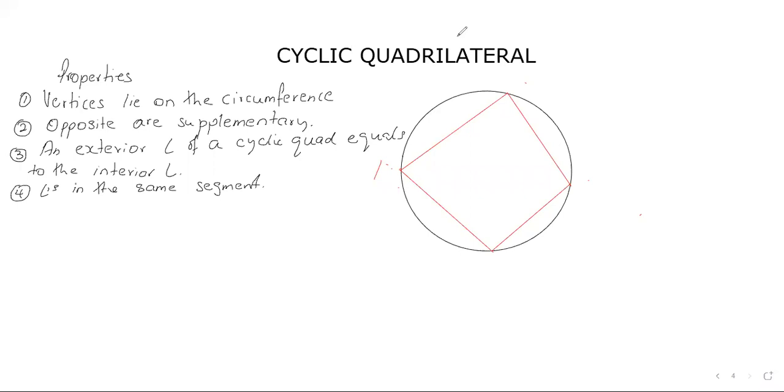So we label that A, B, C, and D. The line AB and CB form a vertex, and that vertex is on the circumference. And BC and DC form this vertex here. AD and DC form a vertex here.